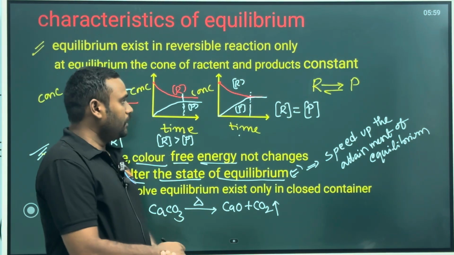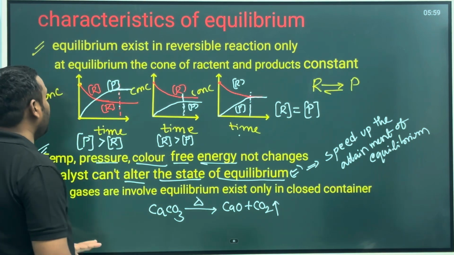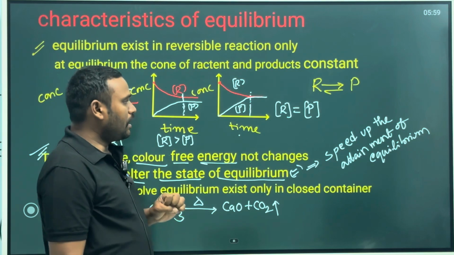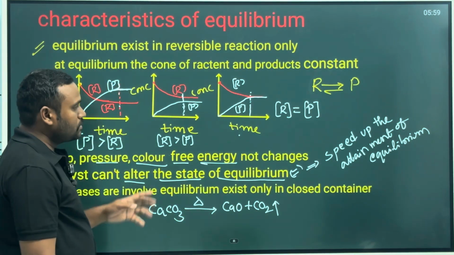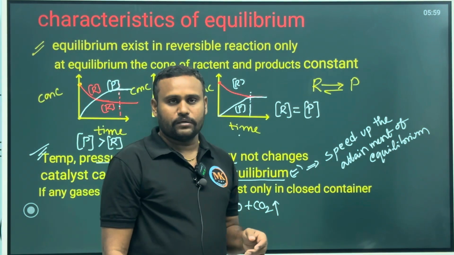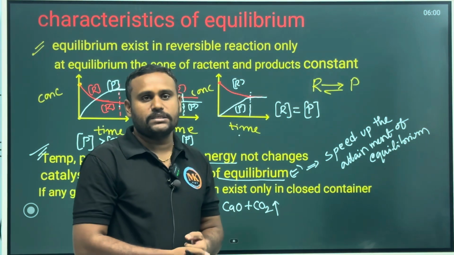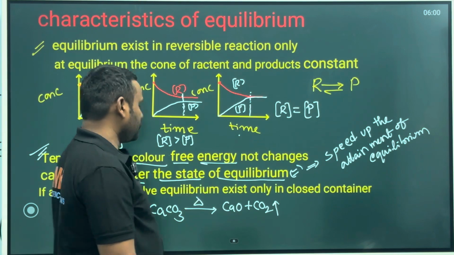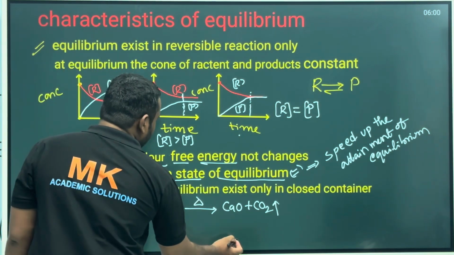Okay. Next, this is about some characteristics of equilibrium, and also one more thing here: the concentration of reactant and product present at the state of equilibrium is called the equilibrium mixture. What is the equilibrium mixture?